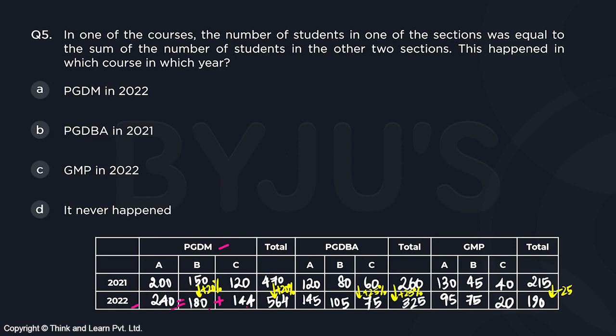This is not equal to the sum of the other two. So A is not the answer. Next is PGDBA in 2021. So 120 is not equal to 80 plus 60. So B is not the answer. GMP in 2022. So in GMP, we have got 95 is equal to 75 plus 20. Yes, it is. So C option is the answer.